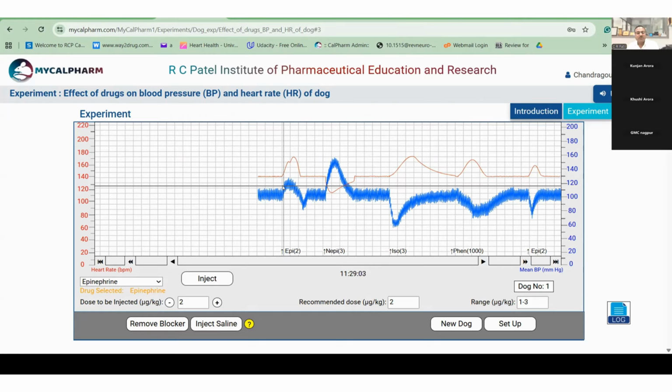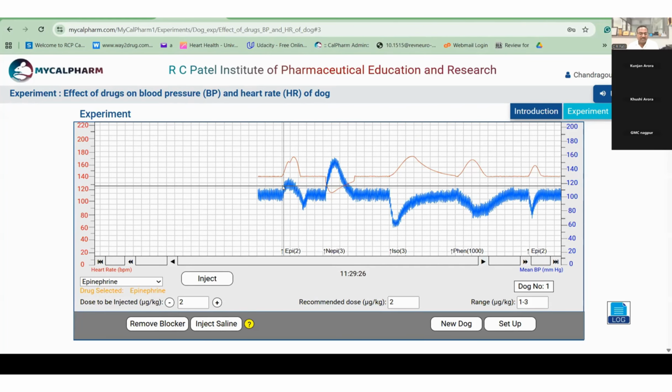Already we have introduced to them the alpha and beta receptor concept, and the effect of alpha and beta receptor stimulation on blood pressure and heart rate. And now we have posed this question to our students: why after phentolamine is adrenaline causing only a fall in blood pressure and no rise?